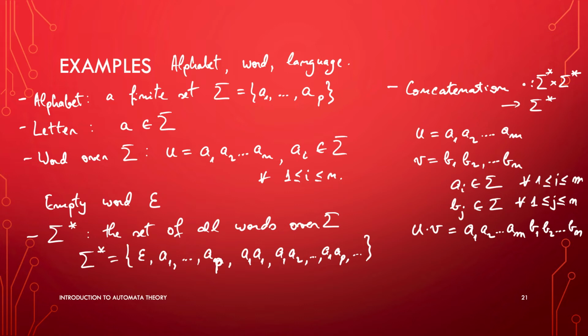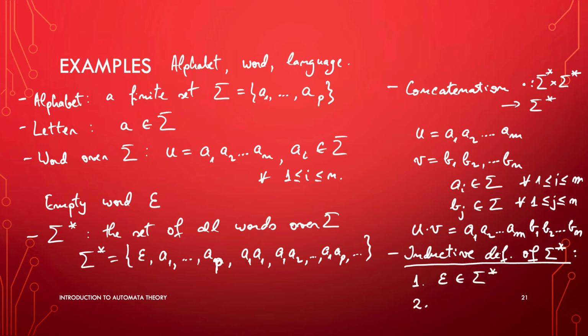As a matter of fact, we can also define sigma star inductively. So here is my example of an inductive definition. Rather than just enumerating these words, which is a very incomplete and maybe slightly confusing way of giving this set, I can have this very precise inductive definition. First of all, the empty word is always part of sigma star.